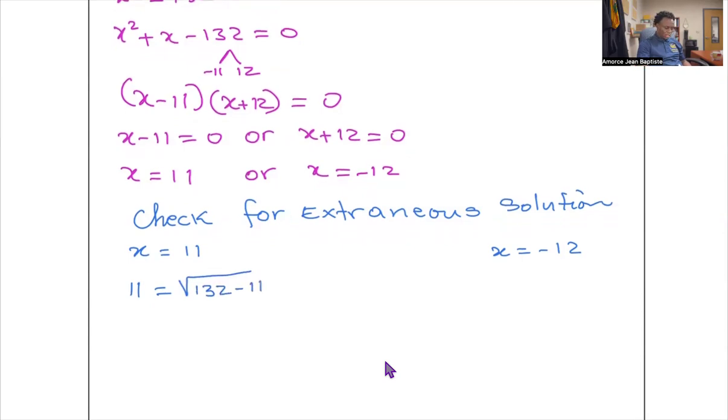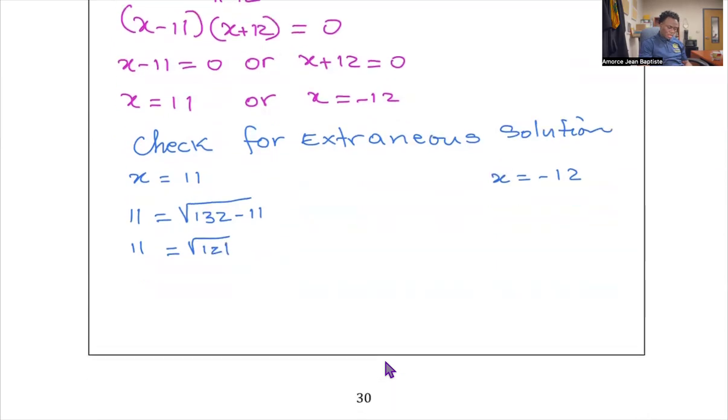So that is 11 equals the square root of 121. So 11 equals 11.